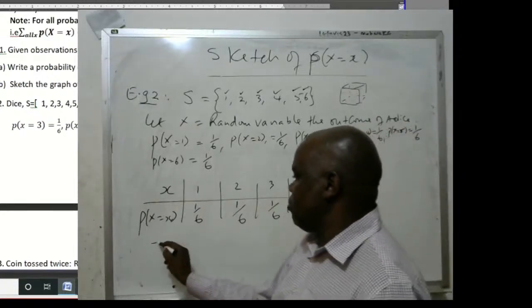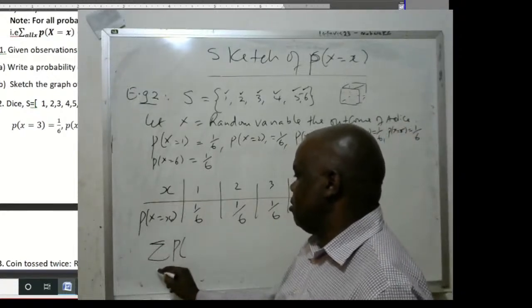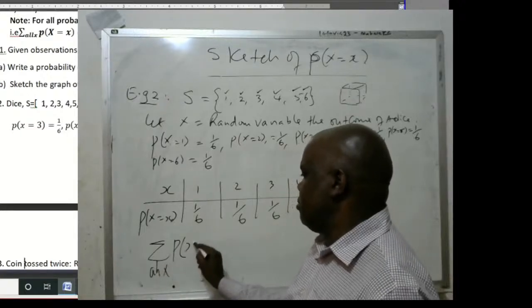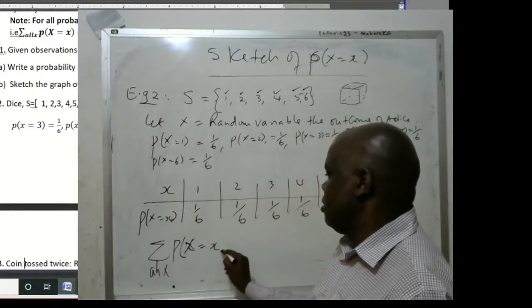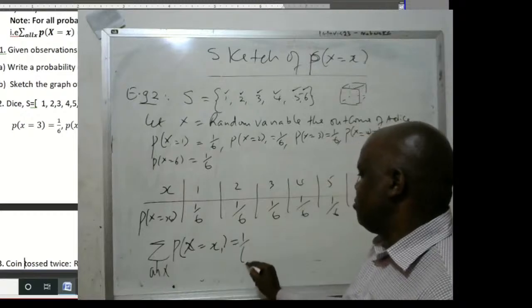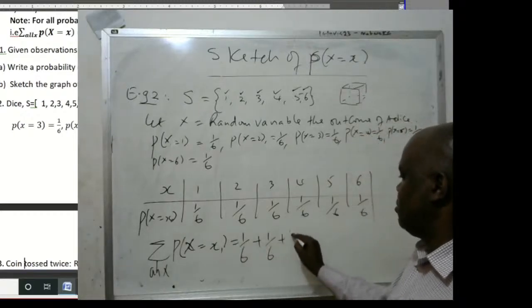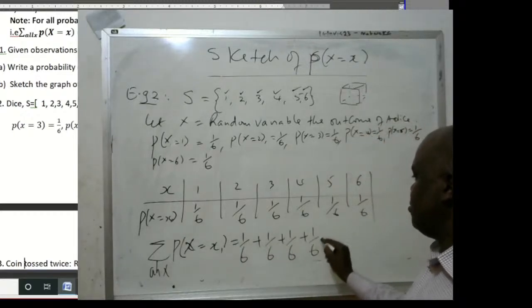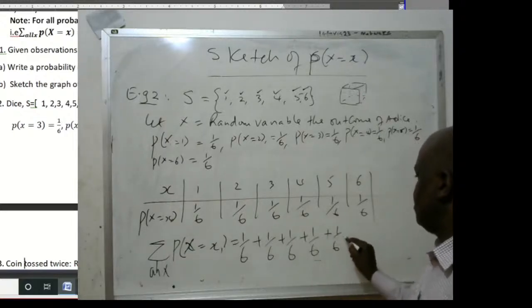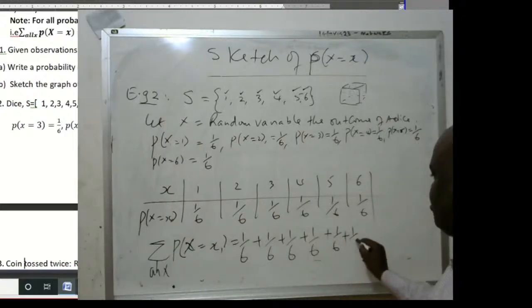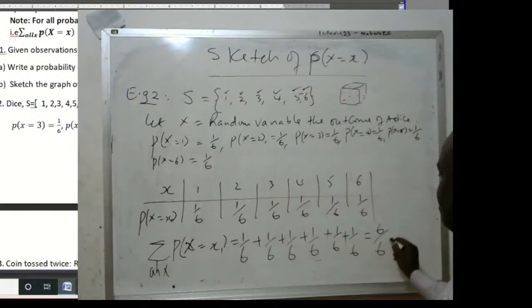So the sum of all these probabilities, the sum of P(X = x), is 1 out of 6 plus 1 out of 6 plus 1 out of 6 plus 1 out of 6 plus 1 out of 6 plus 1 out of 6, and this is 6 out of 6, and this is equal to 1.